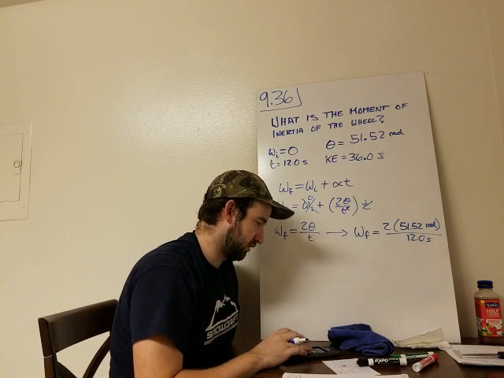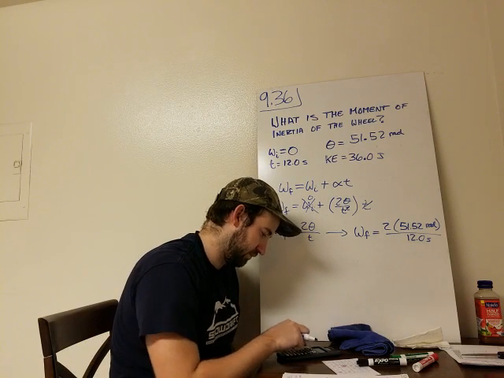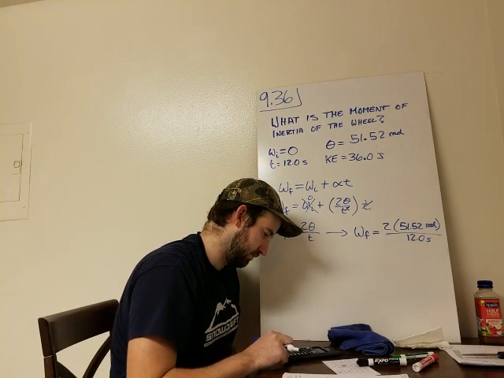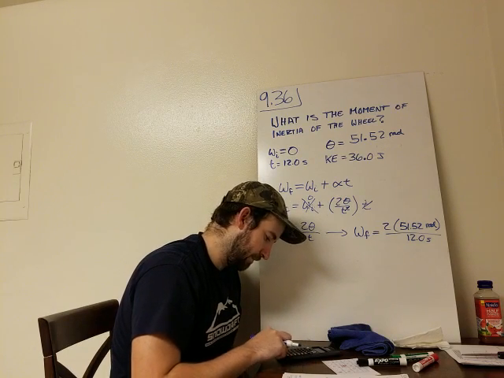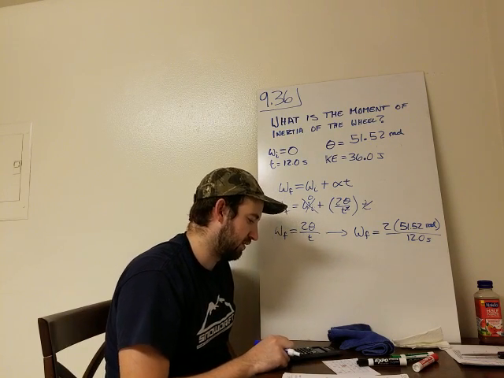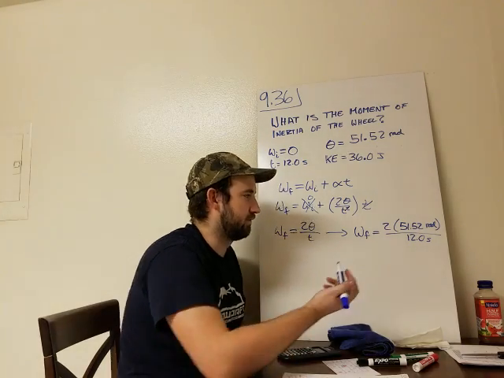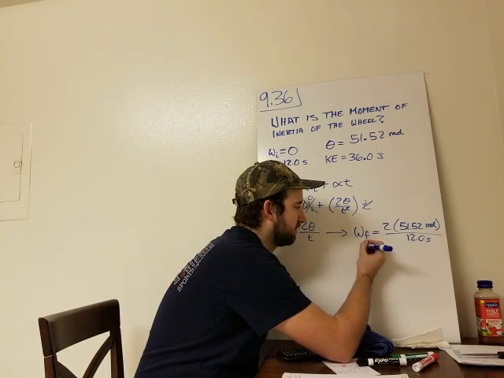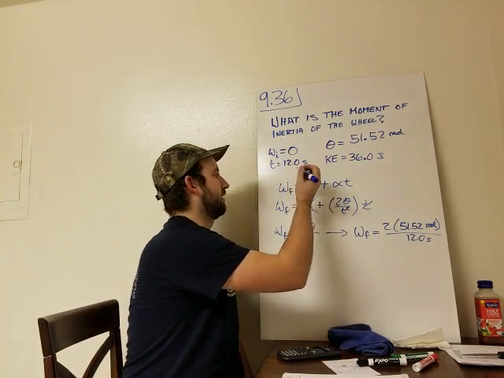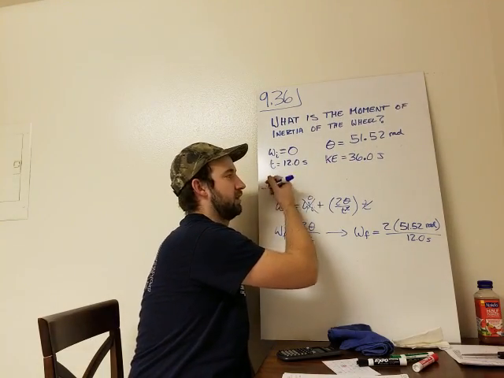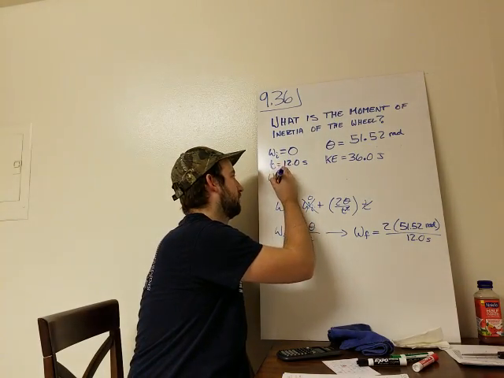Plug that into the calculator, and we get about 8.58 radians per second. So I'm going to write that up here to keep it out of the way.